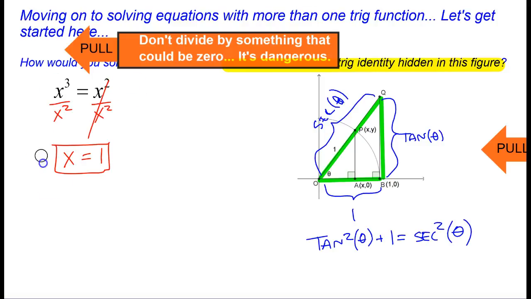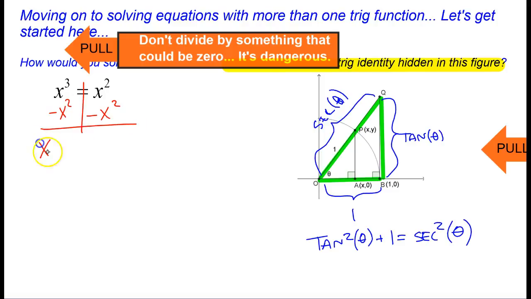So how should you approach this problem? Well, we can't divide by something that could be 0, so we're going to have to resort to something else. Let's try subtracting x squared from both sides. When I subtract x squared from both sides, I get x cubed minus x squared equals 0. Doesn't look like it really helped us, but I do remember something from the past.